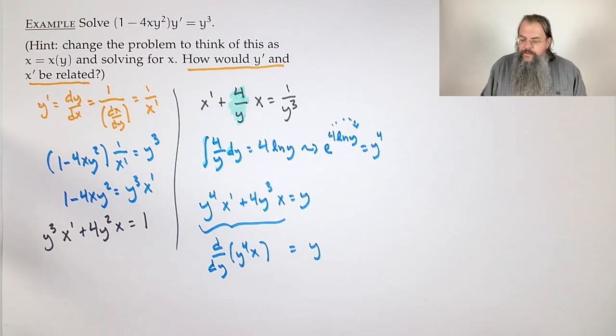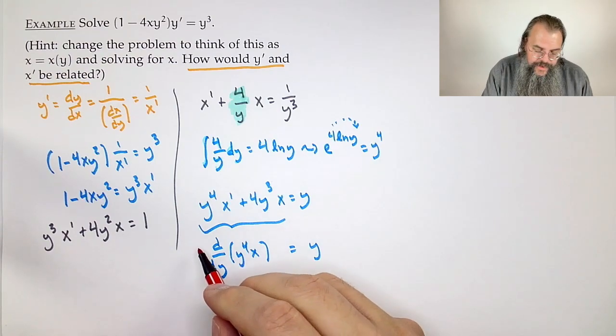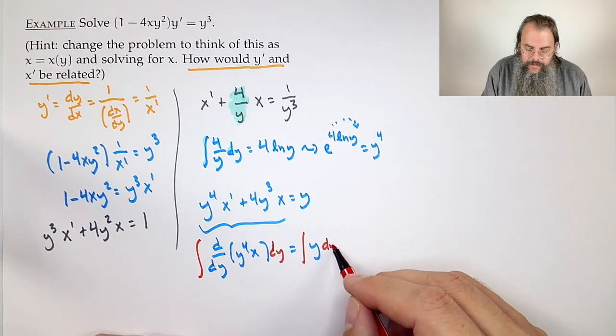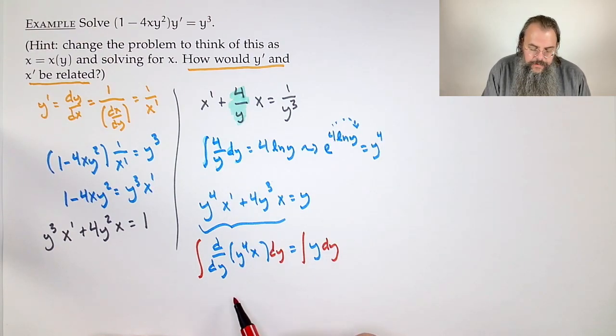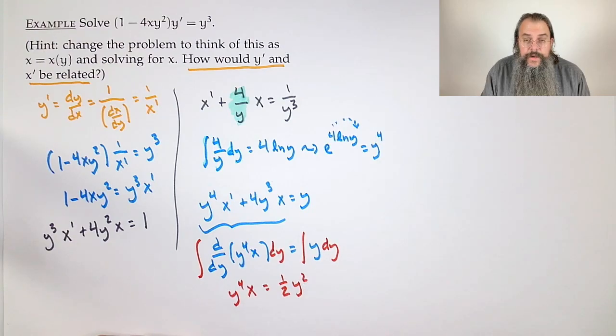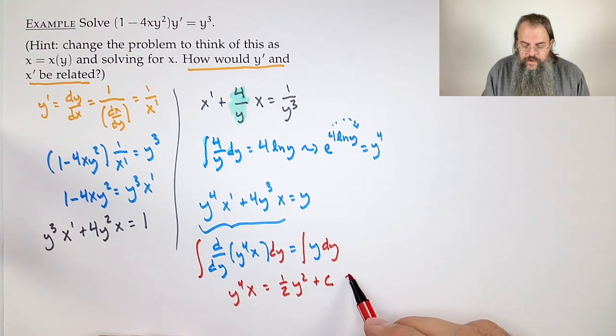All right, well, we're rounding the corner, so we integrate both sides with respect to y. And what do we get? Well, we get y to the fourth times x is equal to 1/2 y squared plus c.